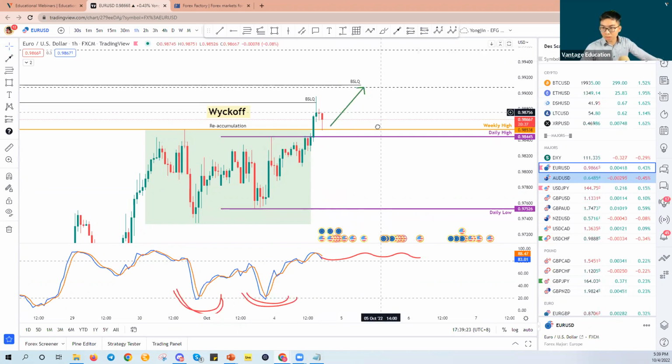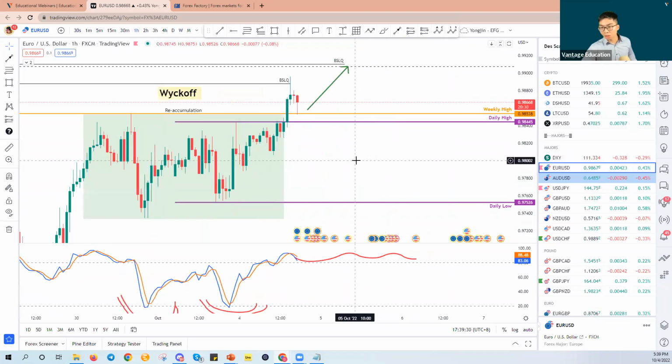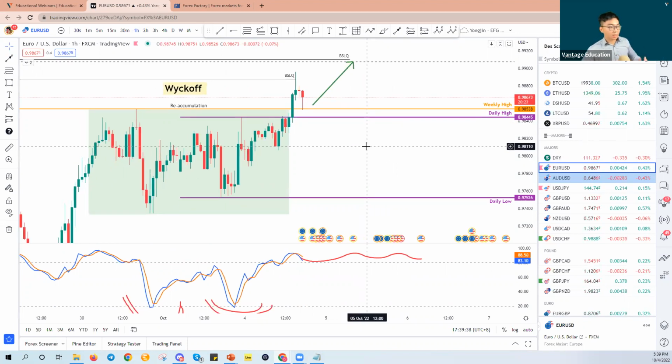Okay, so let's continue looking on the 1 hour. Let me draw. What I like to see also is clean market movement. So what do I mean by clean market movement? I like to see areas of imbalance cleared as the market moves higher.